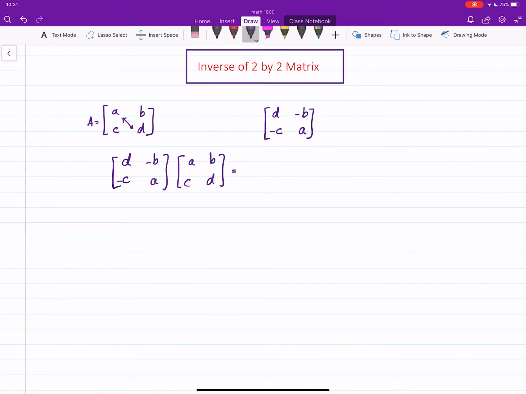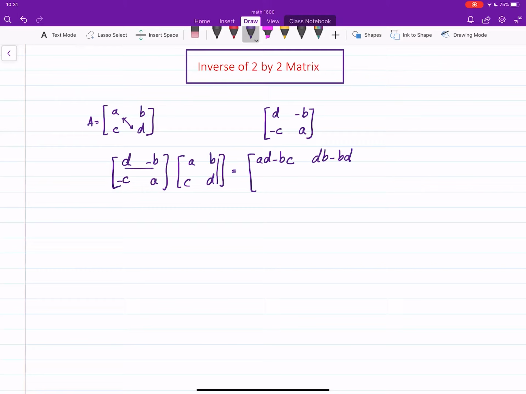will notice is that, okay, here the first row, first column gives us AD minus BC. First row, the second column is DB minus BD.